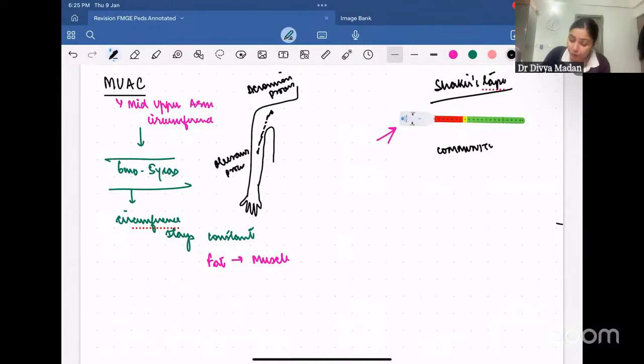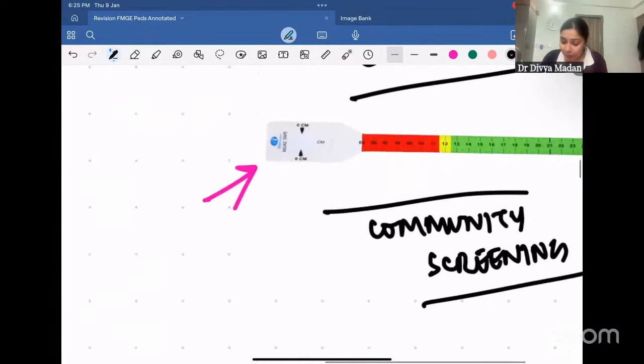In a community, if the screening person, the Anganwadi worker or ANM, does not know how to read the values, definitely by seeing the colors, she can identify if the child is malnourished. Now, what are these colors? I can see there is red, there is yellow, there is green. What is red? Can you closely see?